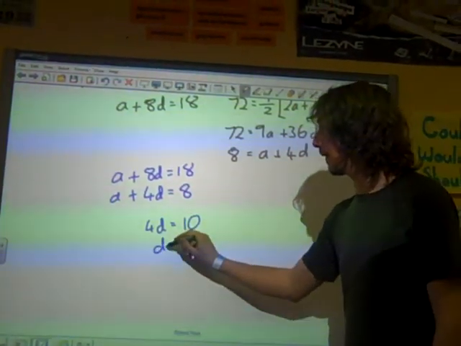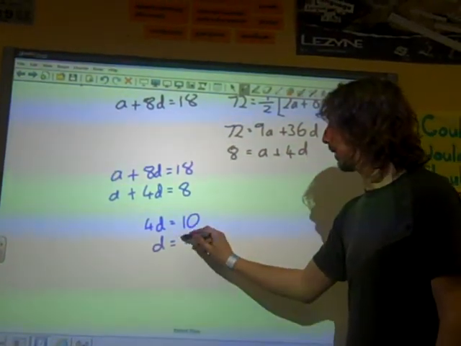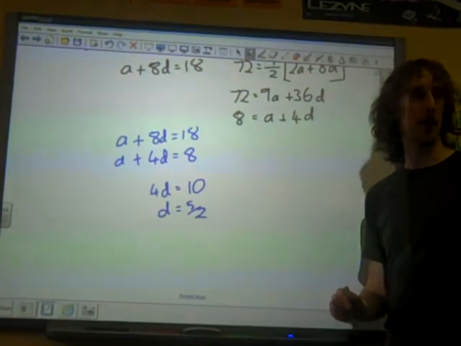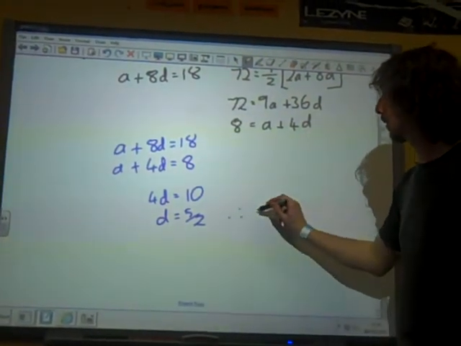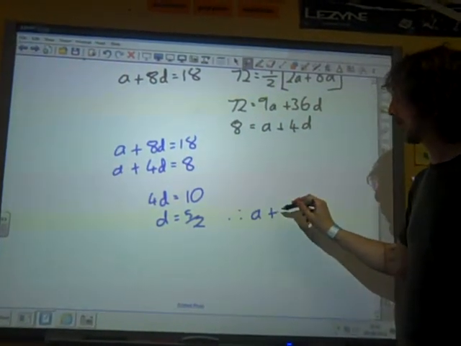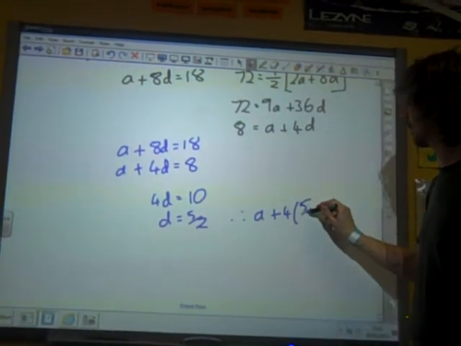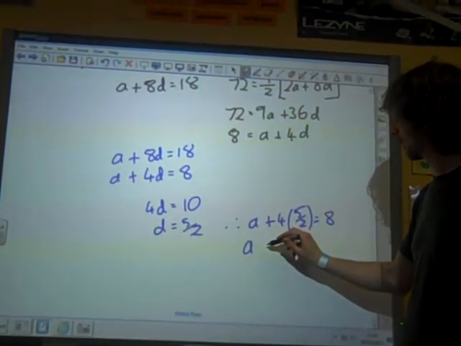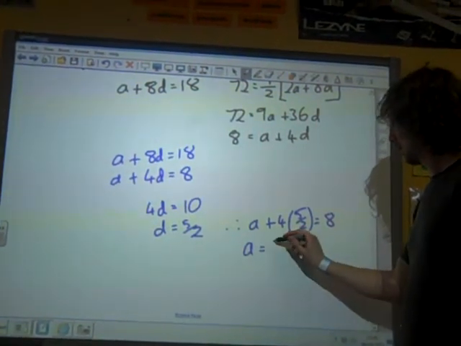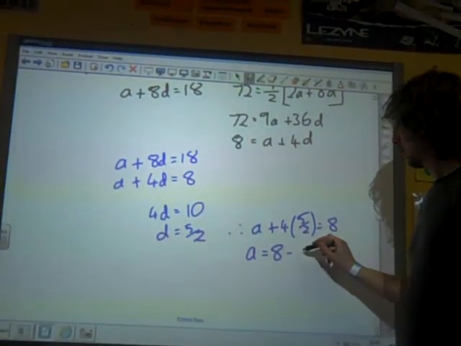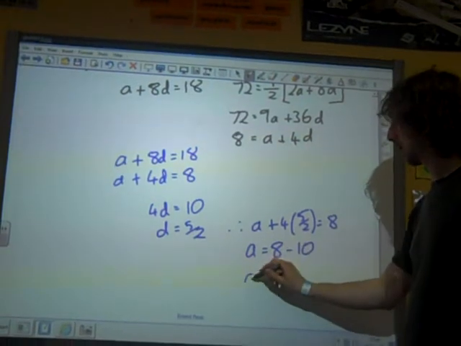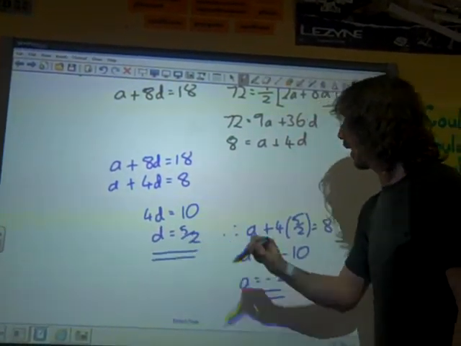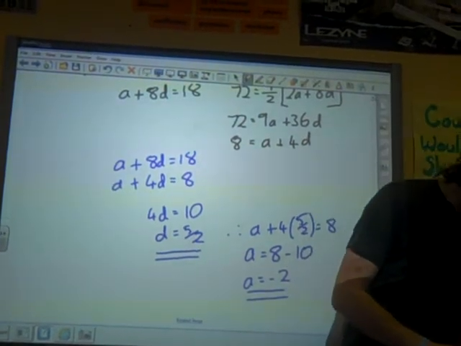So d is 5 over 2. And if we sub that back into one of the other ones, a plus 4 times 5 over 2 is 8. So the first term was minus 2. And that would be our sequence.